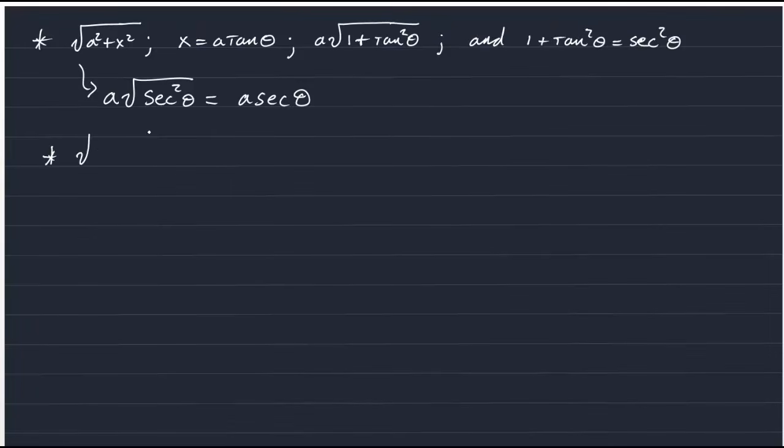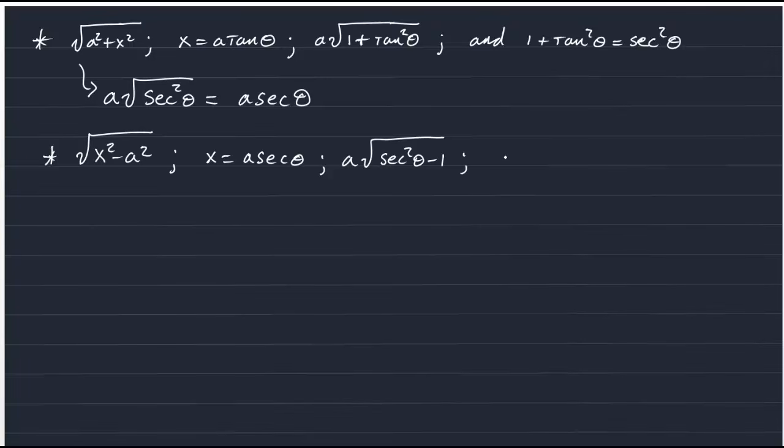And the last form was x squared minus a squared. And we're going to end up using the same trig identity. If we substitute x equal to a secant theta, the integrand becomes a times the square root of secant squared theta minus 1.